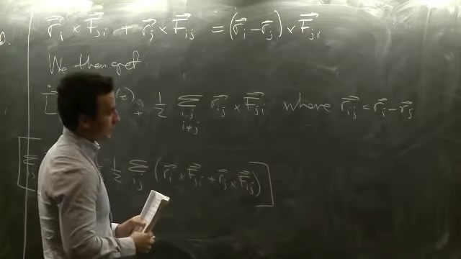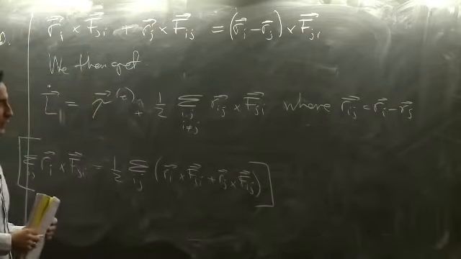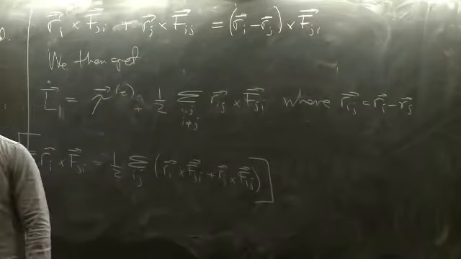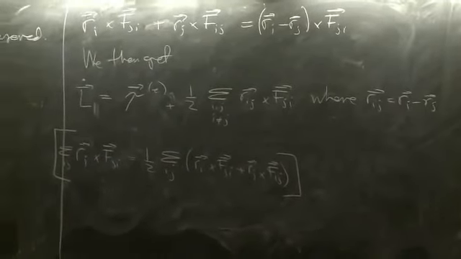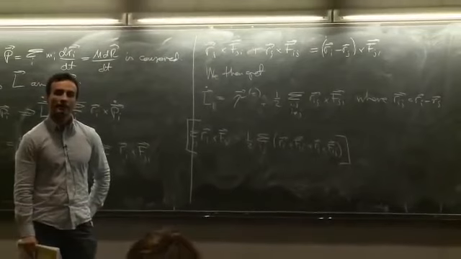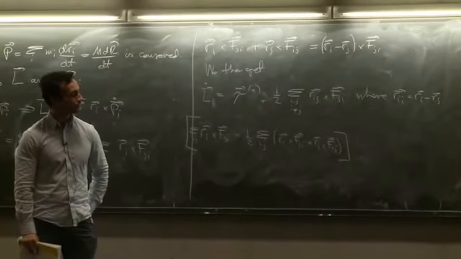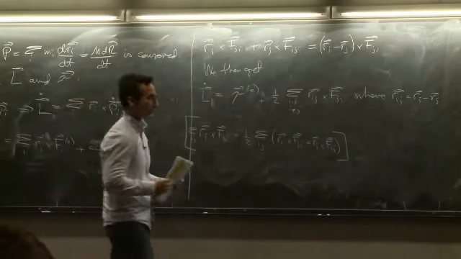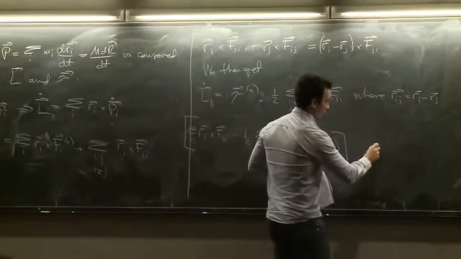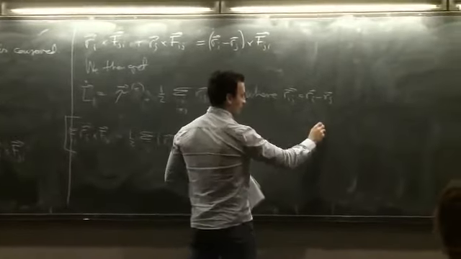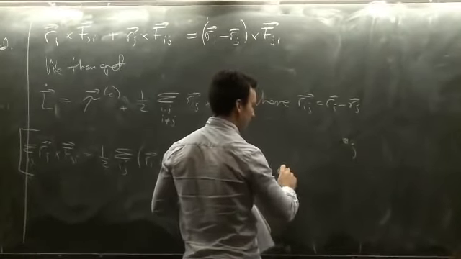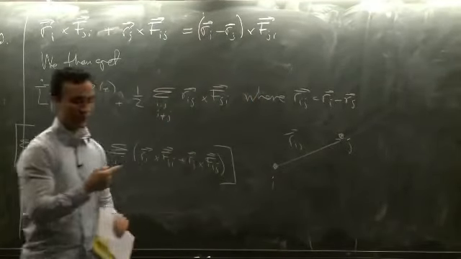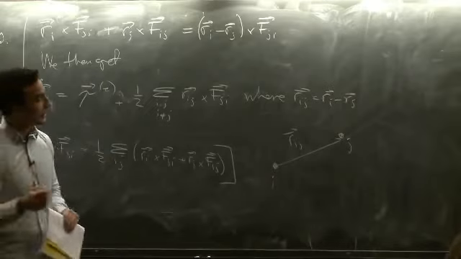Okay. So can we do something about this last term now? Any ideas? Let me try to visualize this a bit. Let's say we have particle i here, particle j. They're connected by this R_ij vector.